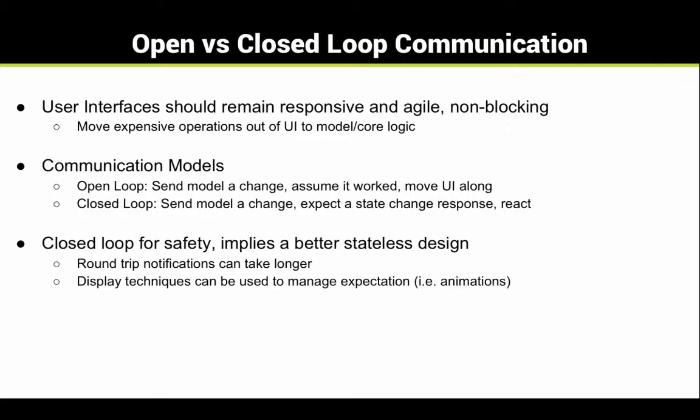We don't want the user to sit there and not be able to engage with the product. That means your UI can't be churning. Your UI can't be spending cycles doing expensive processing and computations, because then it's sacrificing the interaction with the user, right?